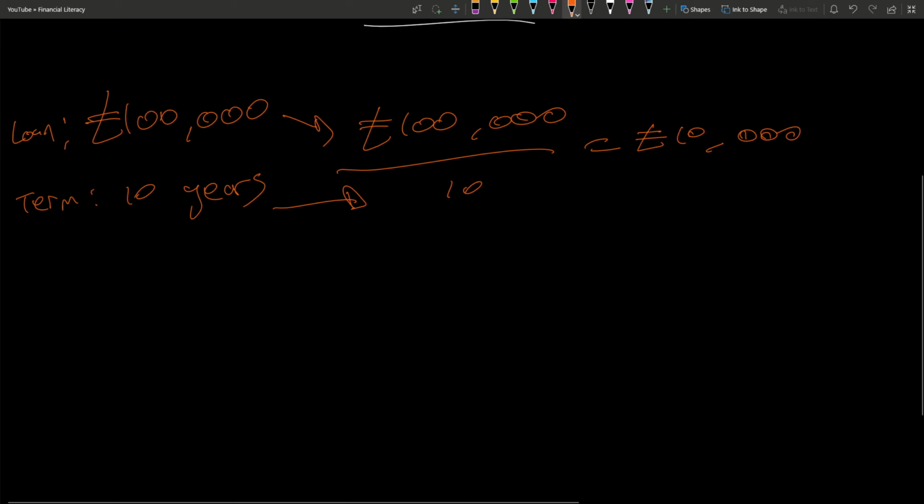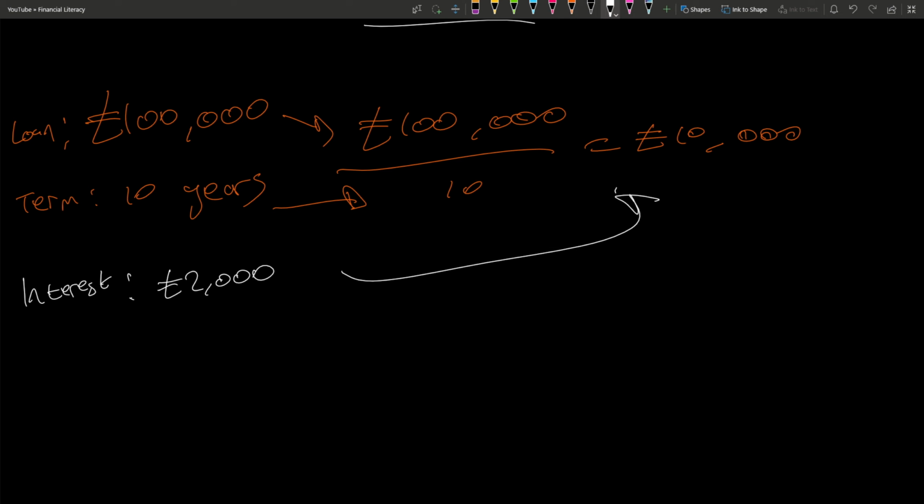Again, I'm just going to keep it simple and say there's a flat interest amount per year. You can usually have a percentage based on the principal left, but let's say it is £2,000 a year. So in total per year you'll be paying 2,000 plus the 10,000, which gives you a grand total of £12,000.